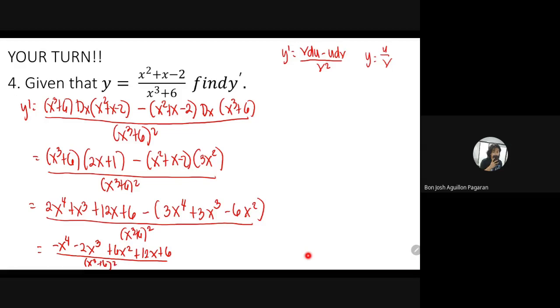Okay? Parang may tumama ako na si Bon at saka si Cedric. Si Carl Peter na mali ng plus. Si Nico na mali yung 5x cubed. Si Ariel na mali yung plus 6 naging minus 6. May negative pala. Yep.